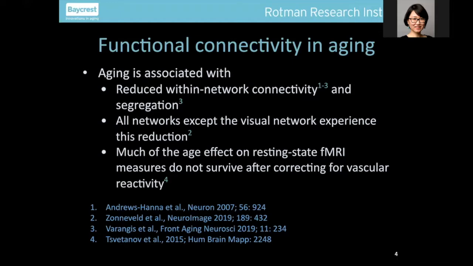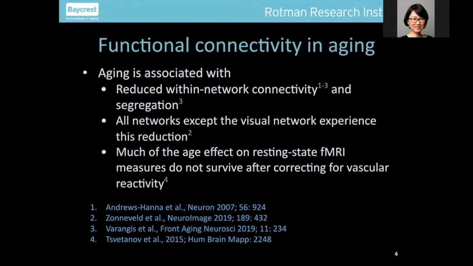Actually, the visual network happens to be an exception, but for the motor network, default mode and attention, those networks that I mentioned earlier, there have been observations of reduced functional connectivity. Interestingly, there is more recognition that some of them may be driven by vascular factors, including vascular reactivity.